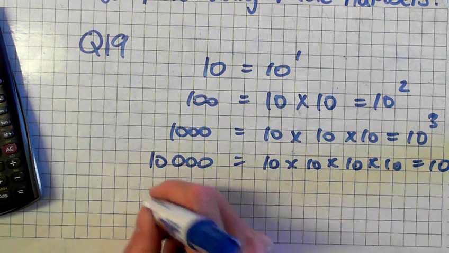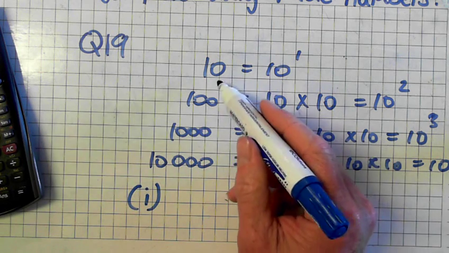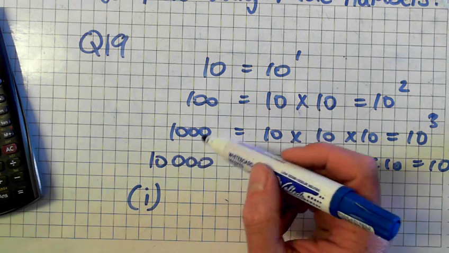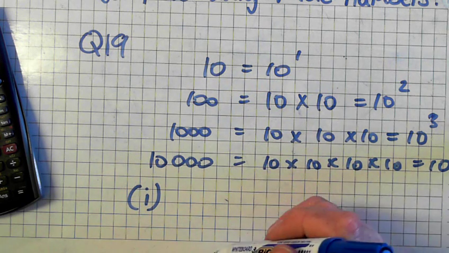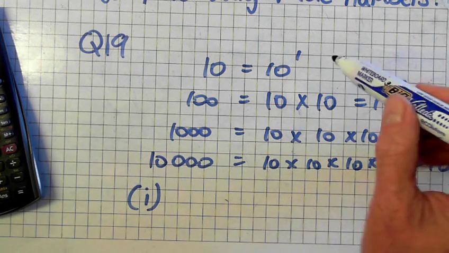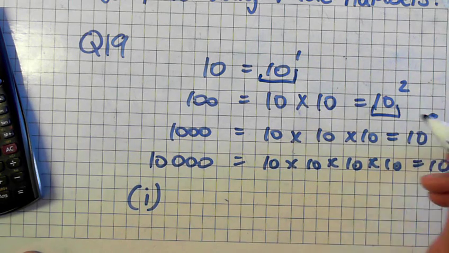And then it asks, what is the pattern? What pattern do you see here on the left hand side? Looking up. 10, 100, 1,000, 10,000? Adding a 0 on the left hand side. What pattern do you see over on the right hand side? 1, 2, 3, 4.